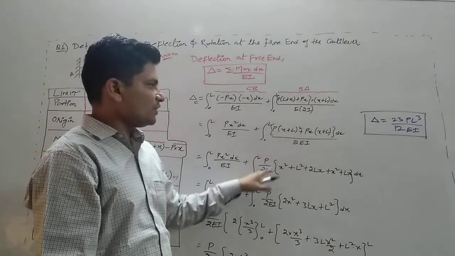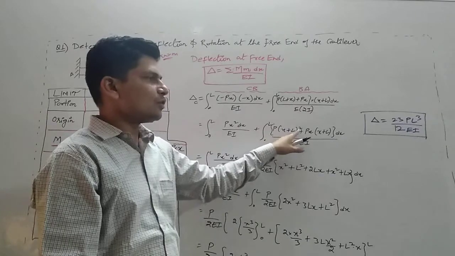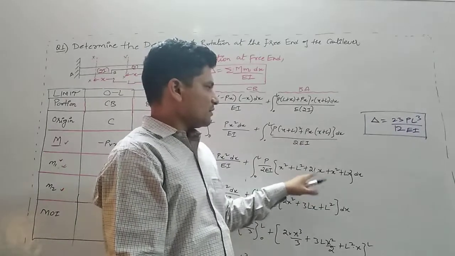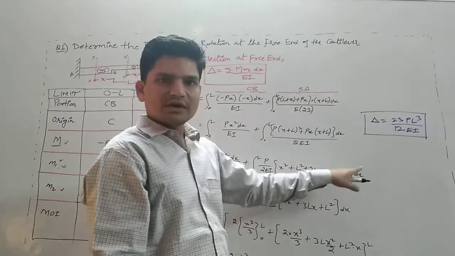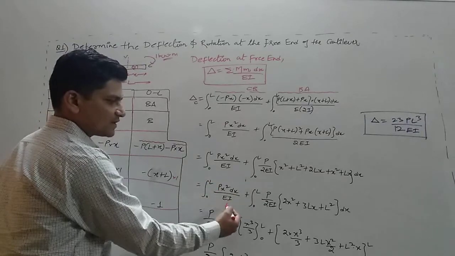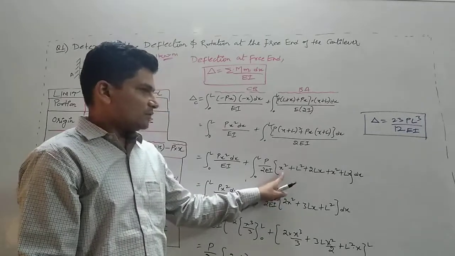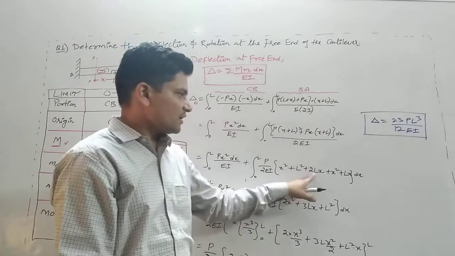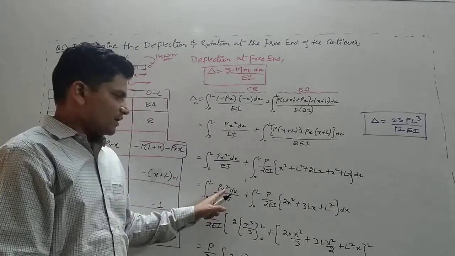Taking P upon 2EI as common, and expanding x plus L whole square as x square plus L square plus 2xL, plus x square plus Lx. So we have the integral from 0 to L of P x square dx upon EI plus the integral from 0 to L of P upon 2EI times 2x square plus 3Lx plus L square dx.